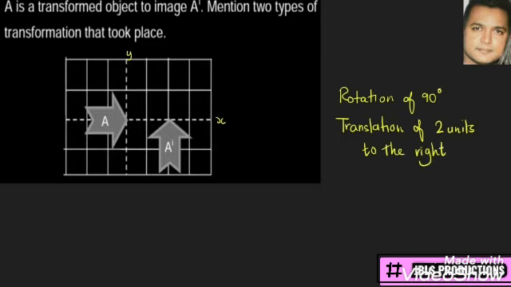Right, we have the rotation where the shape eventually faces up, and the 2 units to the right. Remember, this is the point, and we are looking at 1, 1, 2.